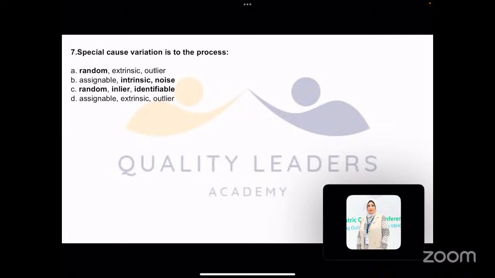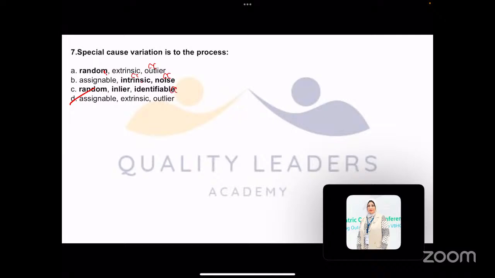Okay, the correct answer here is assignable, extrinsic, outlier. Random belongs to common cause. What about intrinsic? This is also common cause. Noise is also common cause. Inlier and identifiable are also common cause.